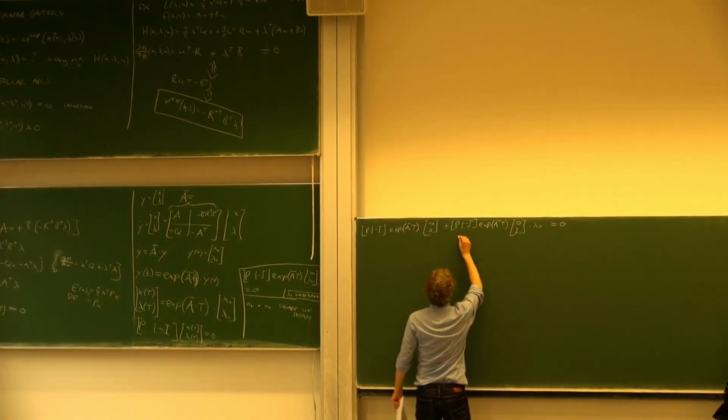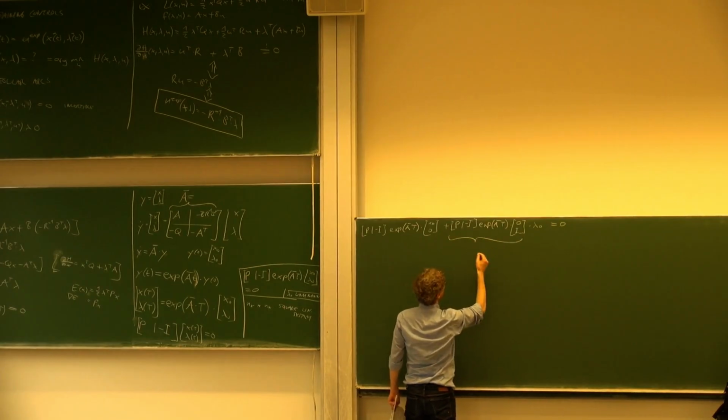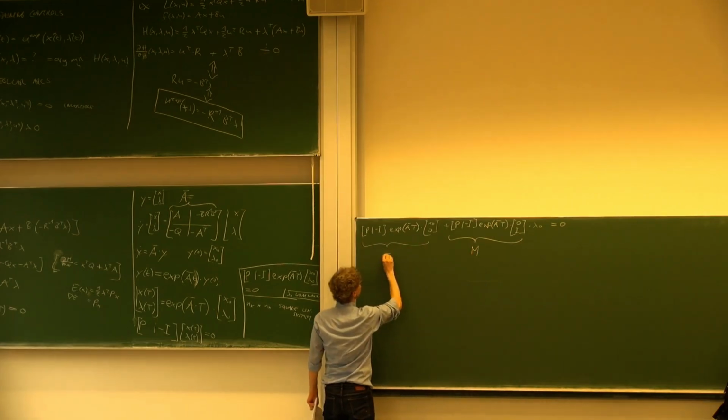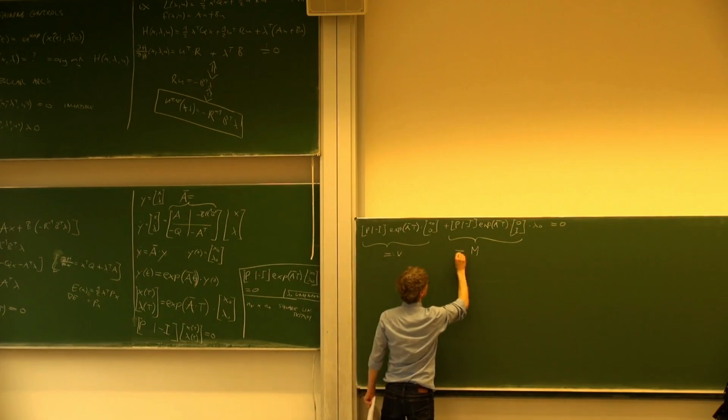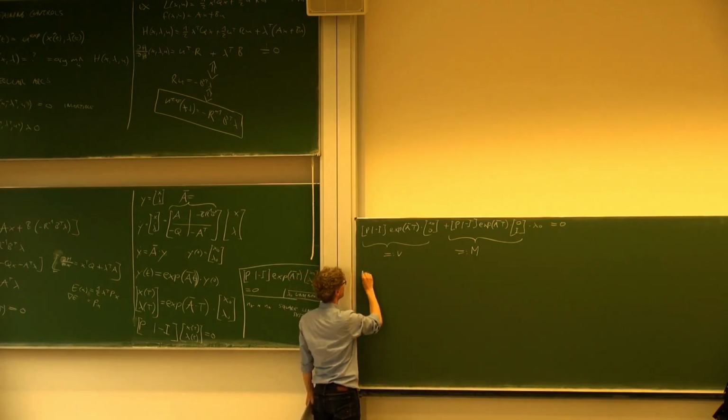And then you see that this matrix needs to be inverted. So this I call maybe M, and this whole thing I could call V, vector and matrix. And then I just get this equation system M lambda 0 equals minus V, and I need to solve it.